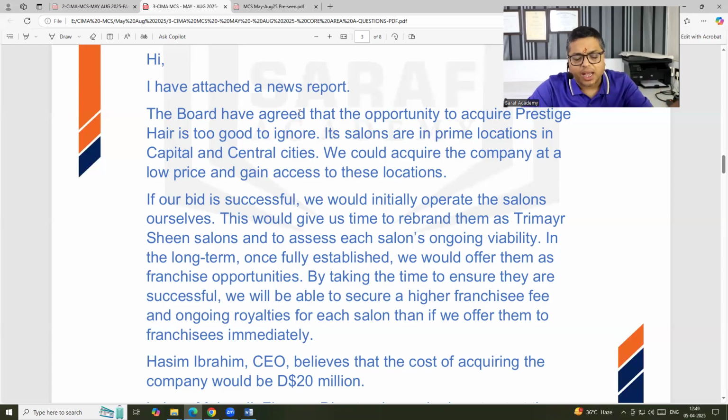So on total money, how much do we want? 60% into 10% is 6%. 40% into 15% is also 6%. Both combined, 12%. If on 100 we earn 12%, we will be able to pay both of them whatever we need to give.